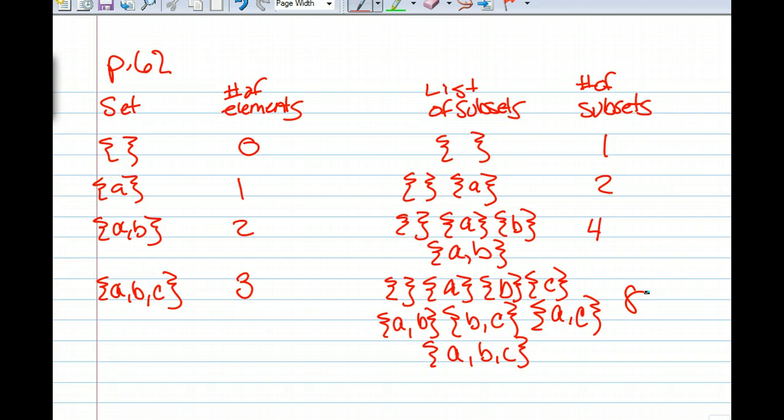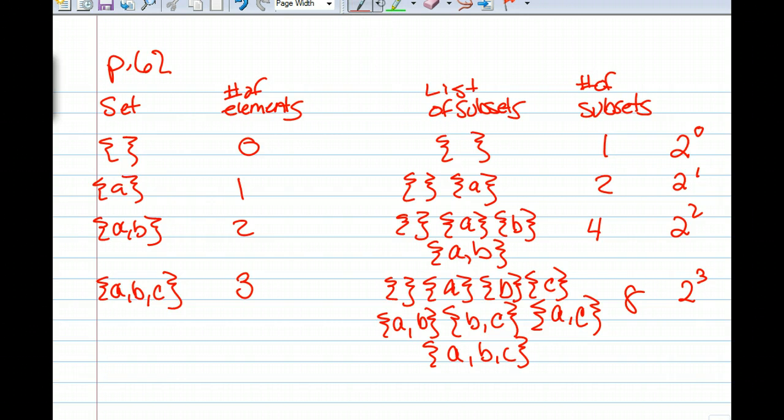You guys start seeing the pattern here? So when I'm looking for the number of subsets, I'm really looking at 2 to the power of the elements. Okay? So 2 to 0 is 1, right? 2 to 1 is 2. 2 to 2 is 4. 2 to 3 is 8.